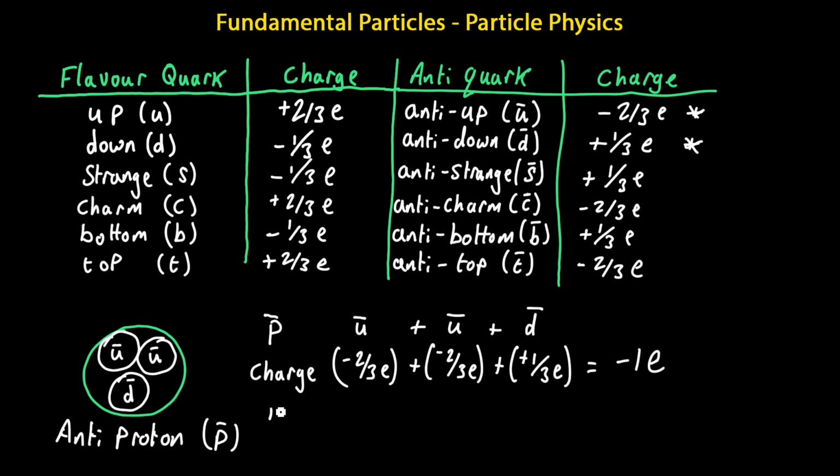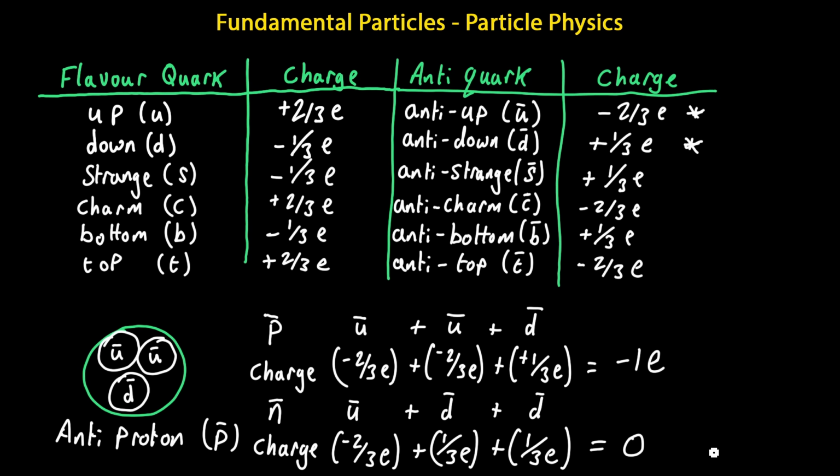And if we sum all the charges for an antimatter neutron, the charges of the antimatter quarks, we get a charge of 0. We see here that the charge has flipped for the antimatter proton, and there's been no change for the antimatter neutron in terms of the charge.